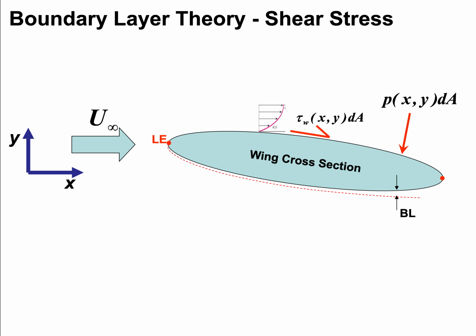And the other force that we noticed in the previous lecture is that there is a pressure distribution around a wing or around an aircraft or around a body moving in a fluid, and that pressure creates a force. Now we have those two fundamental forces that are being felt by the boundary layer, and they're part and parcel of the boundary layer: the shear stress and the pressure. And the interaction between them is actually going to be very interesting.